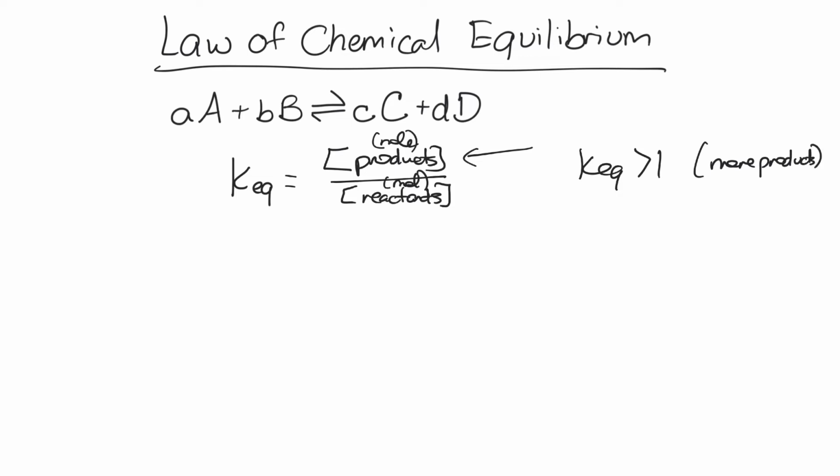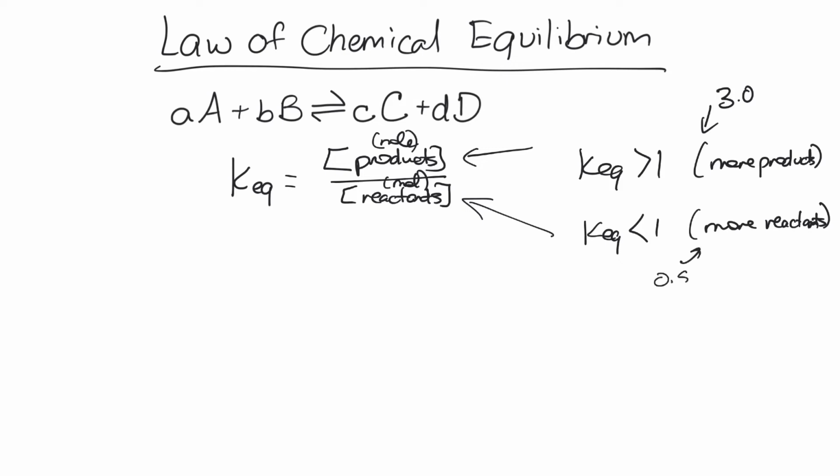If you have more reactants when it has come to equilibrium, then Keq is less than 1, which means at equilibrium you have more reactants. So again, in our activity in the first part, where the Keq was 3.0, that means we had more products when equilibrium was established. With our second group, it was 0.5, which meant that we had more reactants when it reached equilibrium.